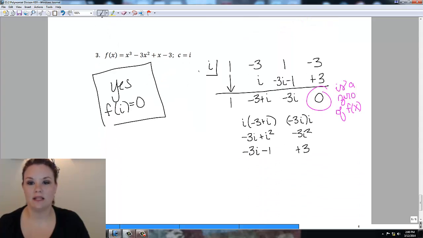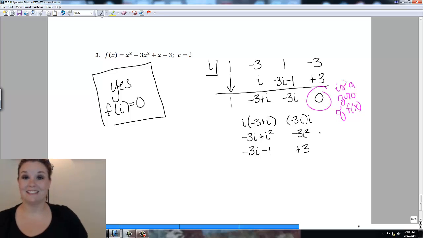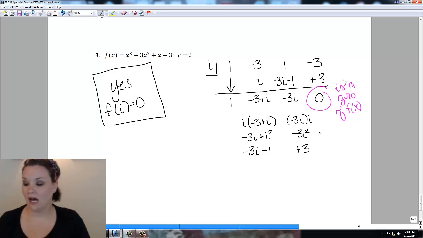I put i in my little box, and when I carry out my synthetic, there's a little bit extra work. Make sure you know that i squared is -1, so make sure you're simplifying each step. When I work it all out, I get a 0 for a remainder, which means that f of i equals 0, which means that yes, i is a 0 of the f function.